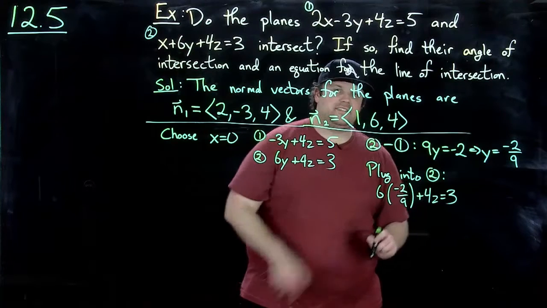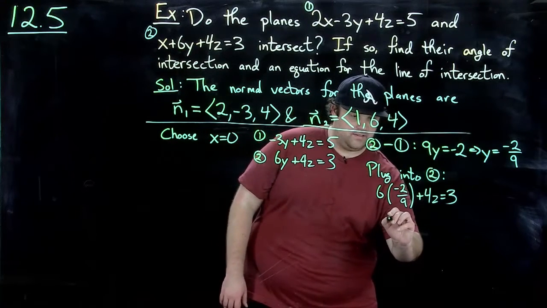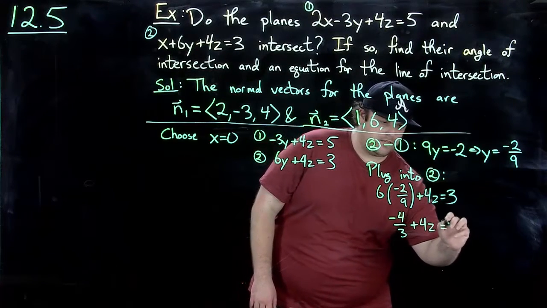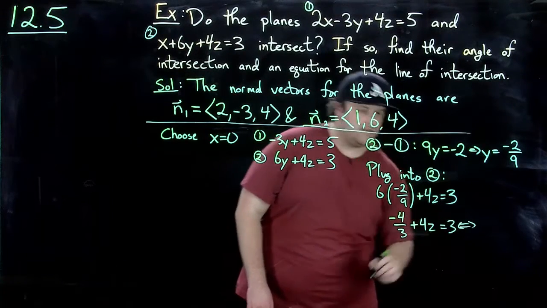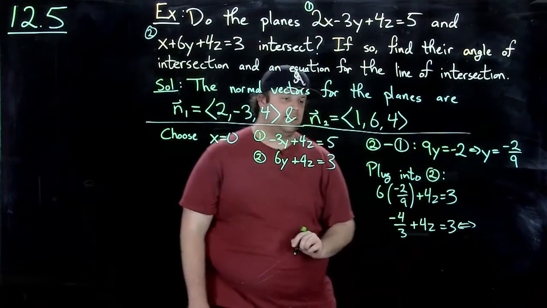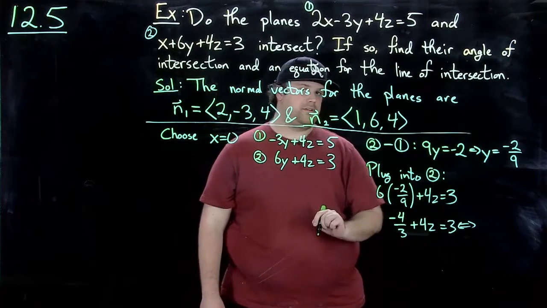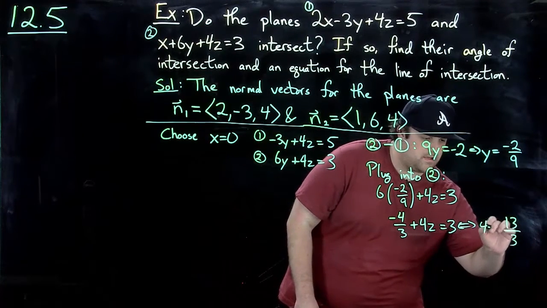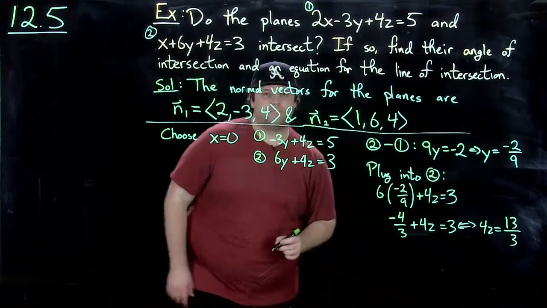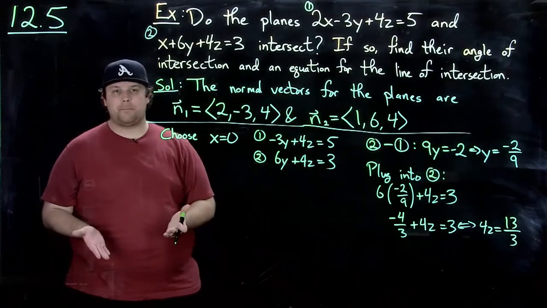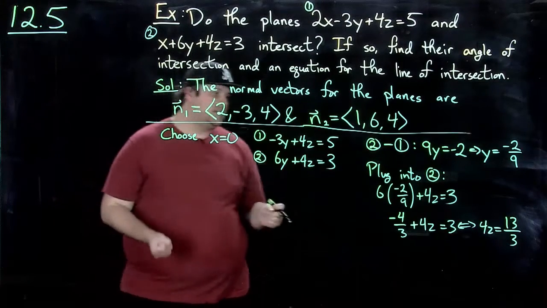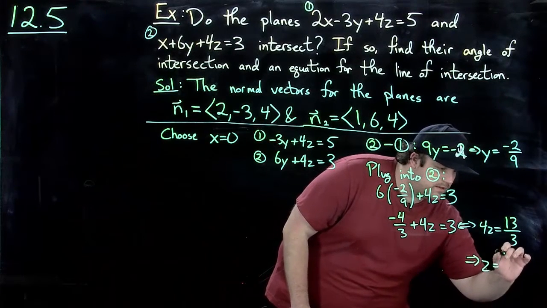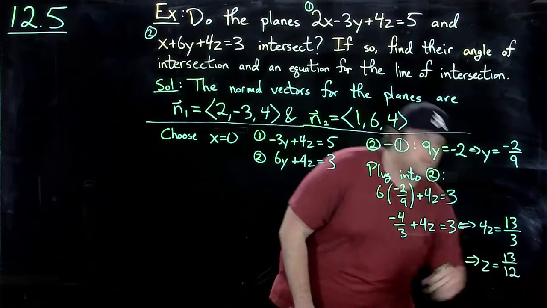All right, well, 6 times negative 2/9 is negative 4/3 plus 4z equals 3. Move this to the other side. 3 plus 4/3 is 13/3. And that's what 4z is equal to. Okay? Well, now we can solve for z. So z is 13 over 12.